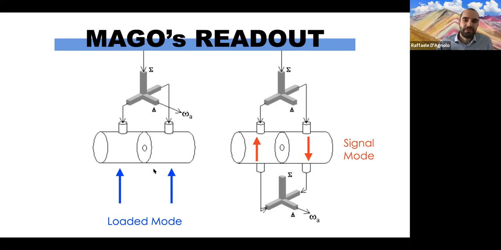And in principle, for the gravity wave detector, we can do the exact same thing. So for them, the loaded mode had the electric field parallel in the two cavities, and the signal mode anti-parallel. So they were just loading by sending the same signal on both sides and reading out by summing them out of phase by 180 degrees. And this is how they achieve their epsilon. So I think that there is no obstacle in doing the same for gravity waves for us.